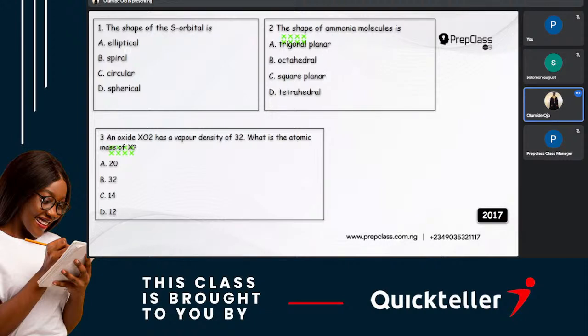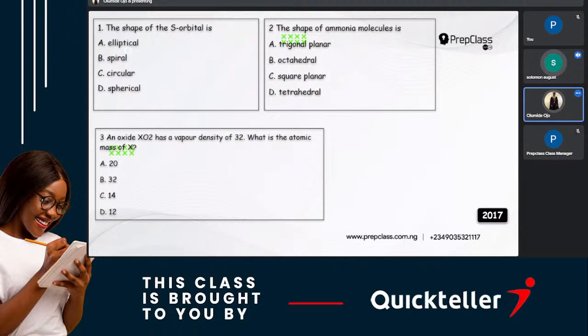The shape of ammonia molecules. No, that one is not part of this. This is under organic chemistry, shapes of molecules.